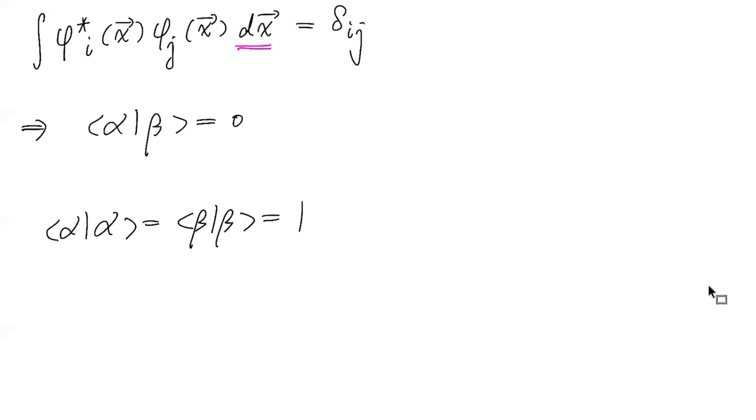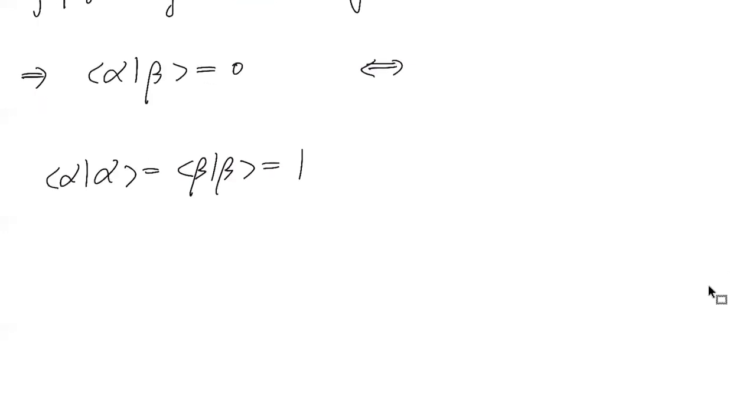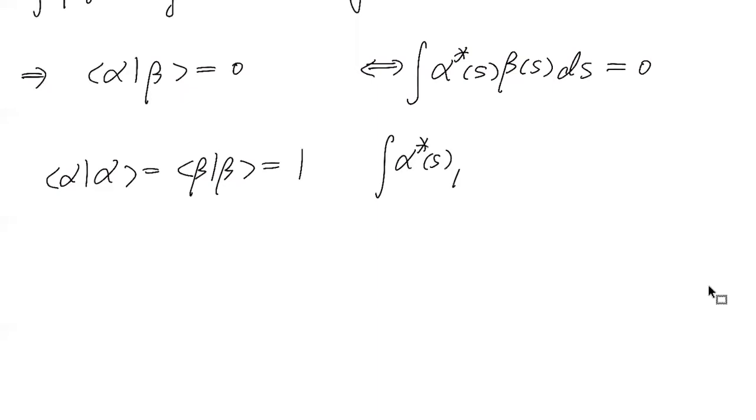Another way to write this, if you want to explicitly write the spin coordinate, is the integral of alpha star s, beta s, ds is equal to 0, and alpha star s, alpha s, ds is equal to beta star s, beta s, ds is equal to 1.